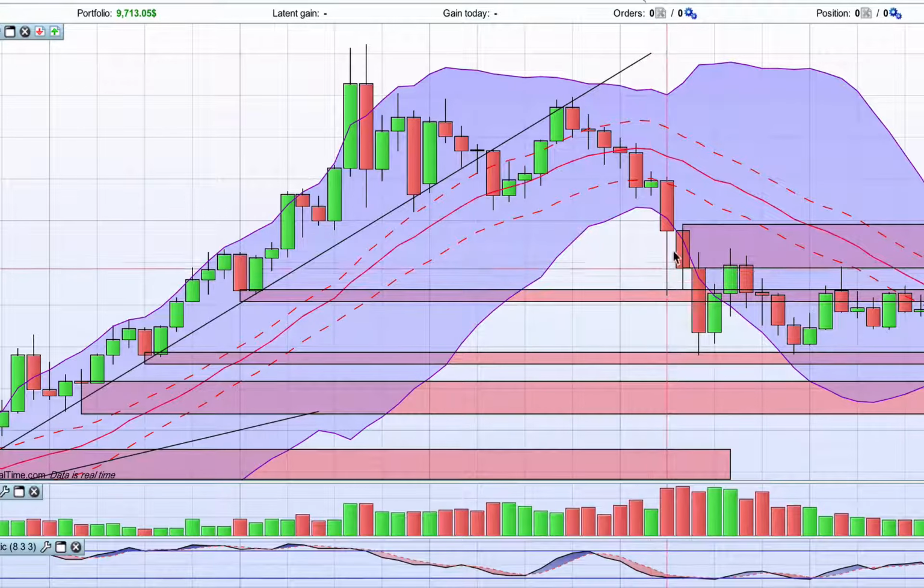As you can see, it touched once, twice, and finally the third time it broke. But every time you bought here, you were able to make some money. Again, I wouldn't have taken this trade simply because this significant trend line was broken, so you don't necessarily want to take that.